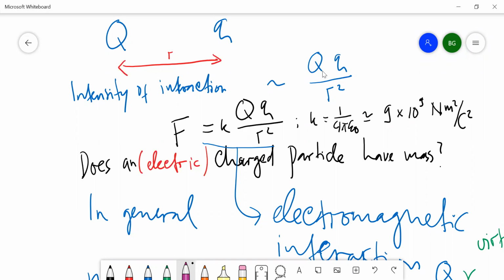This K is the constant, the constant 1 over 4 pi epsilon 0. Approximately this quantity is 9 times 10 to the 9 newton meter squared over coulomb squared.